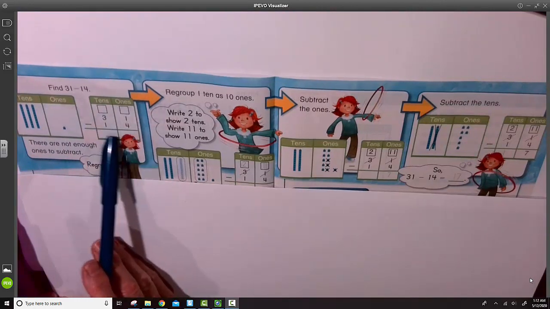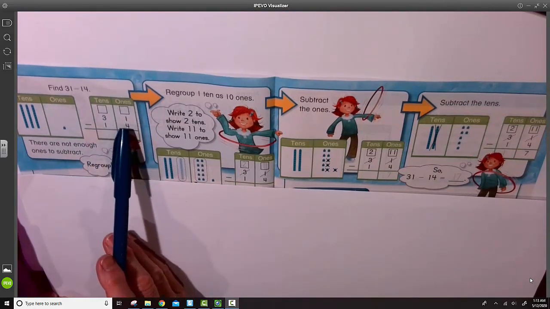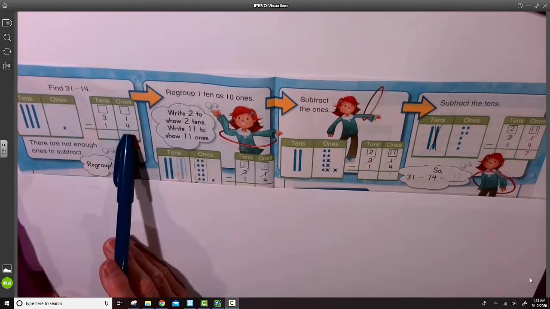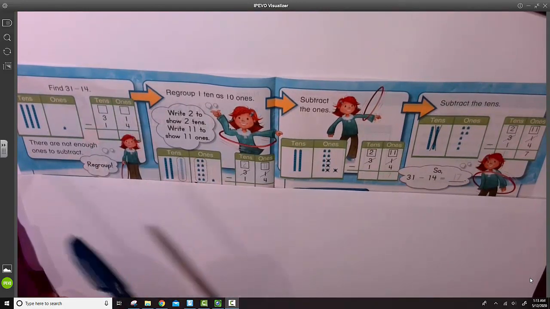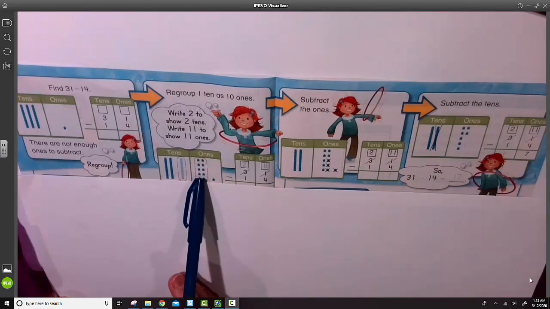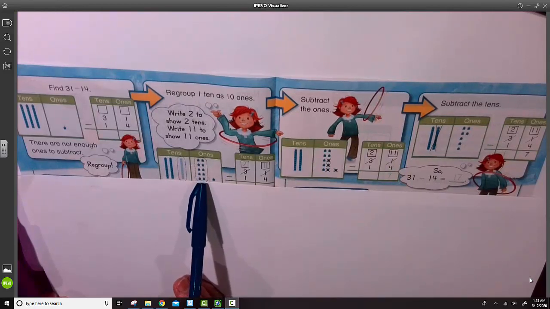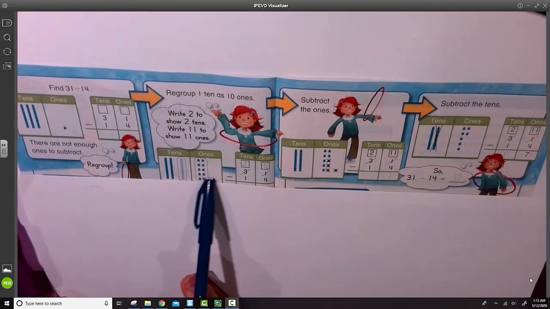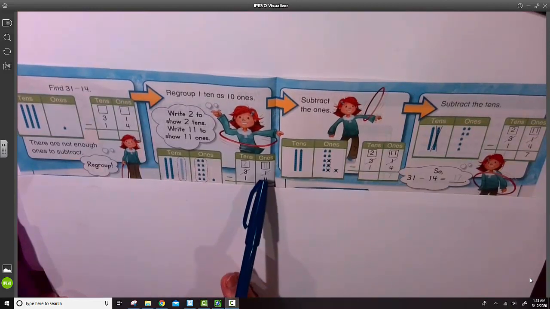Again, when we put it in algorithm format, it's very easy to see that 1 one cannot subtract 4 ones. So we need to regroup, of course. So with our 3 tens, we regroup one of them into 10 ones. Now we have 2 tens and 11 ones.